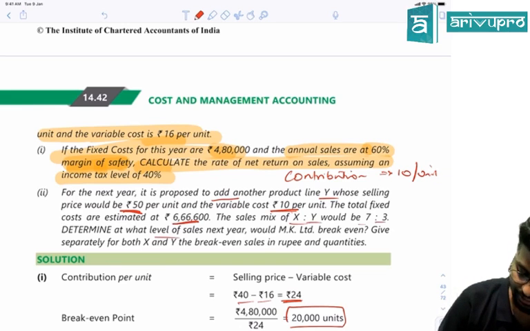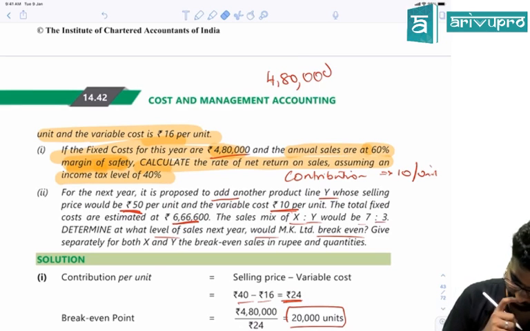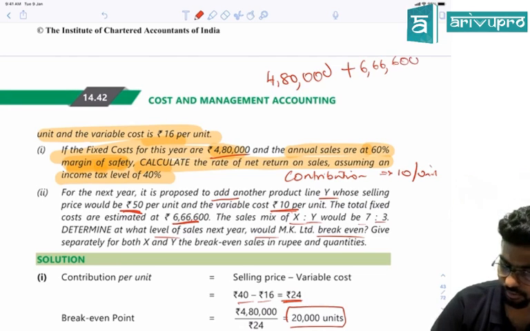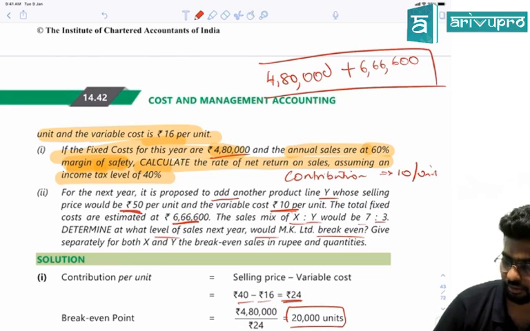So I know I have to find, see, my fixed cost for the first one is 4 lakh 80. My variable cost is... correct. So my total fixed cost will become how much?